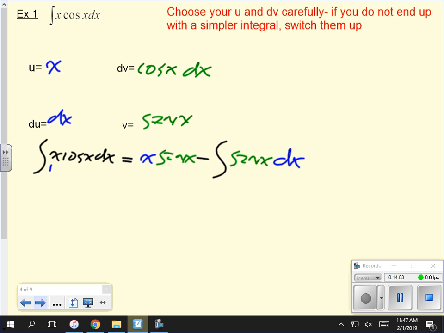All I have to do is take the antiderivative of the sine. That's easy to do, right? So my final answer is x sine x plus cosine x plus c. Because the antiderivative of the sine is negative cosine, but there's already a negative there.